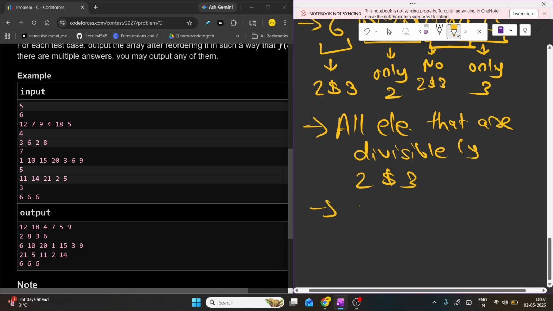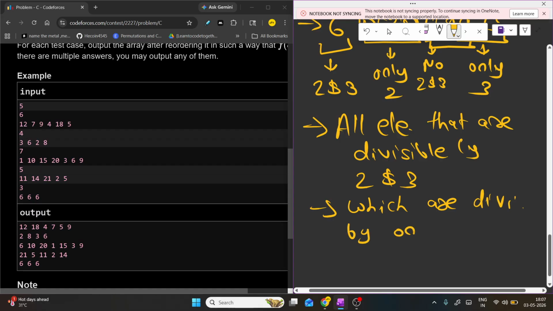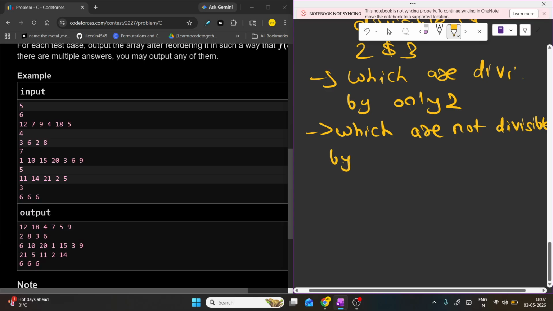Then we will add those elements which are divisible by only 2. Then we will add those elements which are not divisible by 2 and 3.